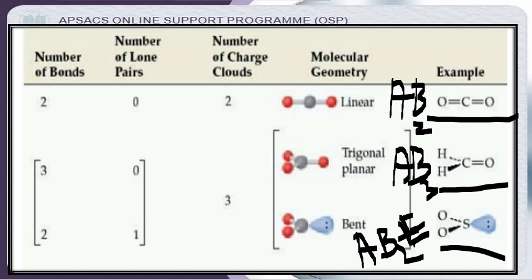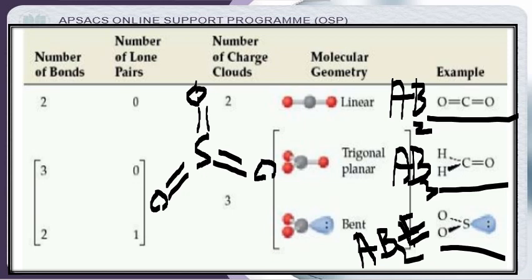Similarly, the same structure is given by SO3, which also comes under the same heading. SO3 holds this type of structure. Sulfur with 6 electrons in its outermost shell makes 2 bonds with each of the 3 oxygen atoms.